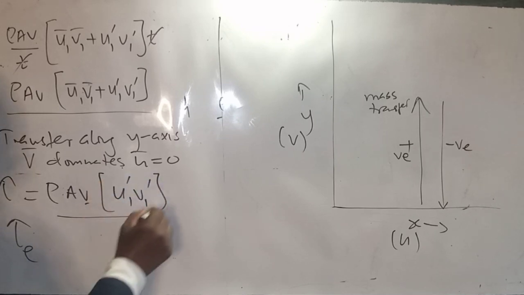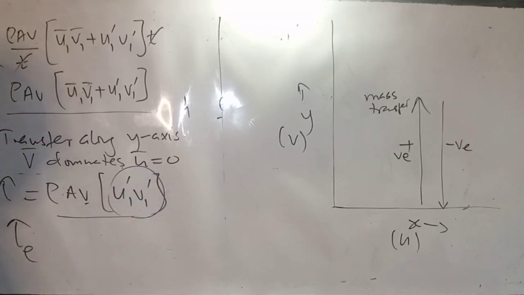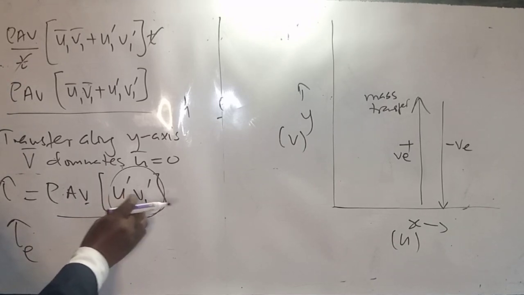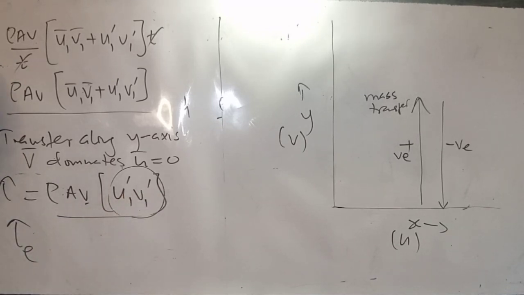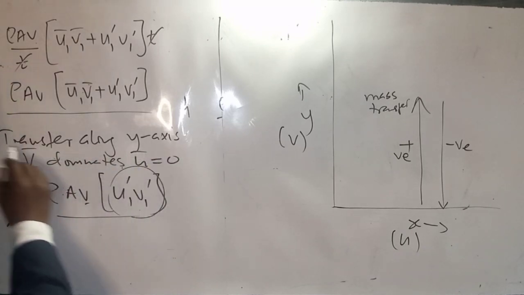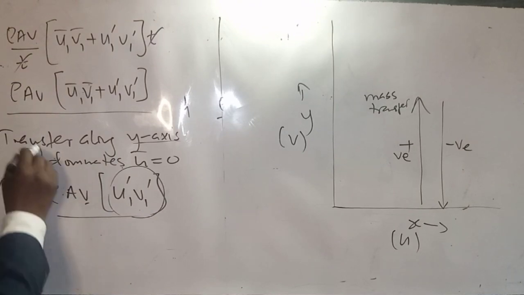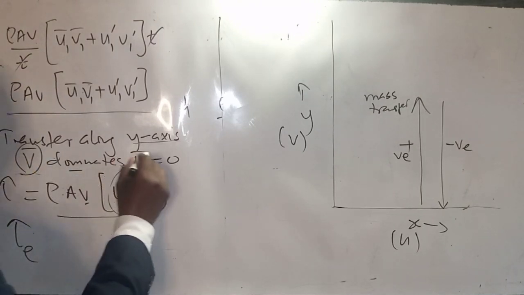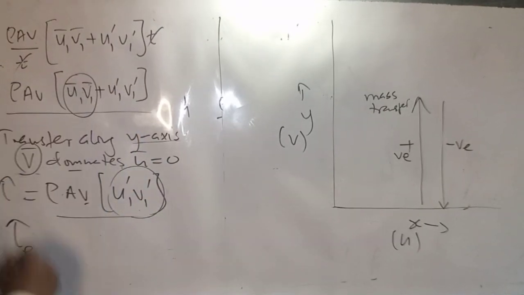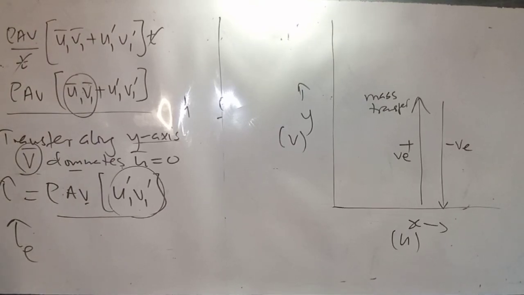And remember, these quantities don't necessarily have to cancel out. This is in the u direction, this is in the v direction, so they don't have to cancel out. But we say that if the transfer is predominantly along the y-axis, then that v will dominate, and this u bar will be 0, so we can treat that quantity as 0.